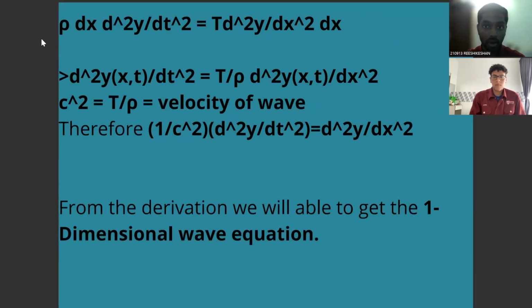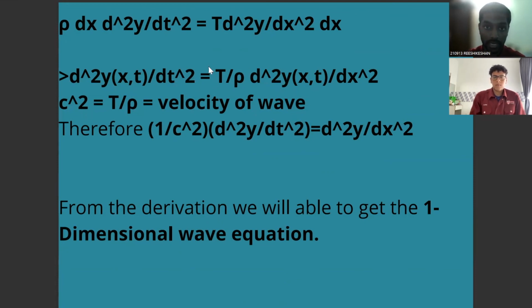We convert this into partial differentiation form, and we get d square y of x and t over dt square equals T over rho, which is the tension over the density, times d square y of x and t over dx square. As you know, c square equals T over rho, which is the velocity of the wave.